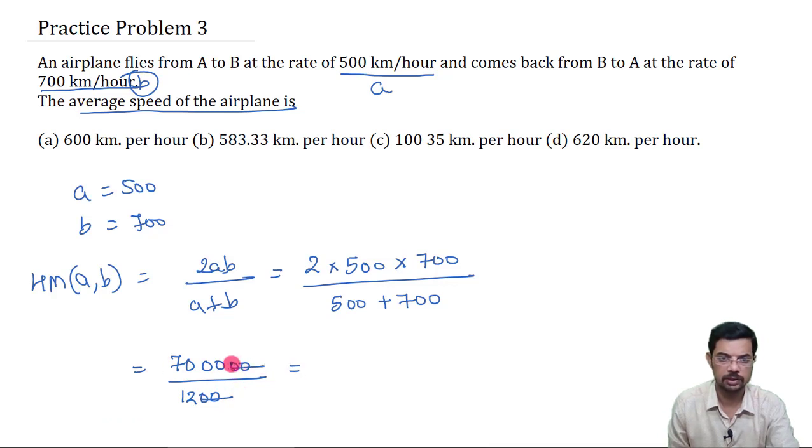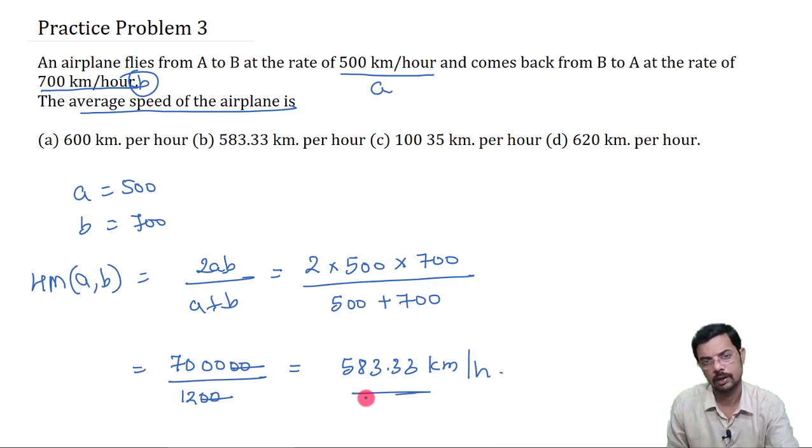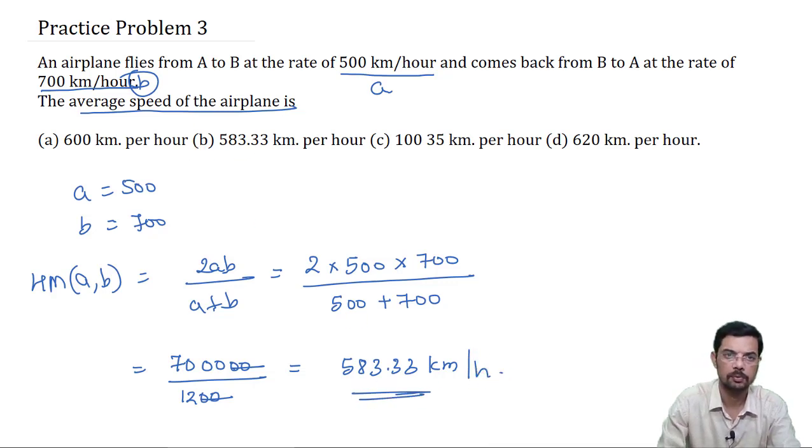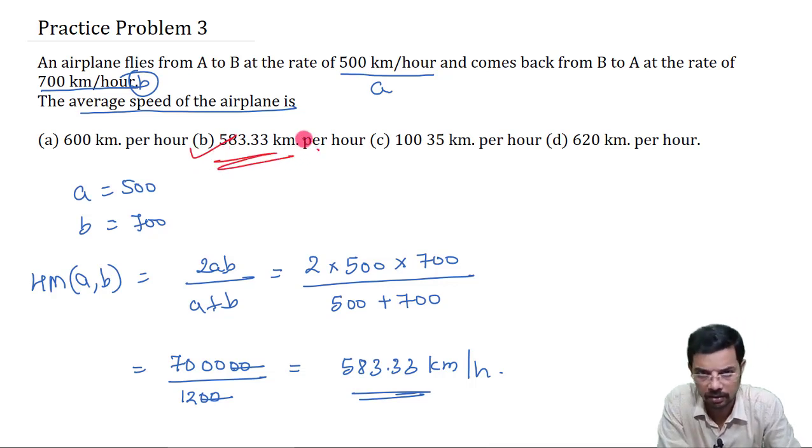Now 7000 divided by 12 will give you 583.33 kilometers per hour. So option B will be your answer. It is 583.33 kilometers per hour.